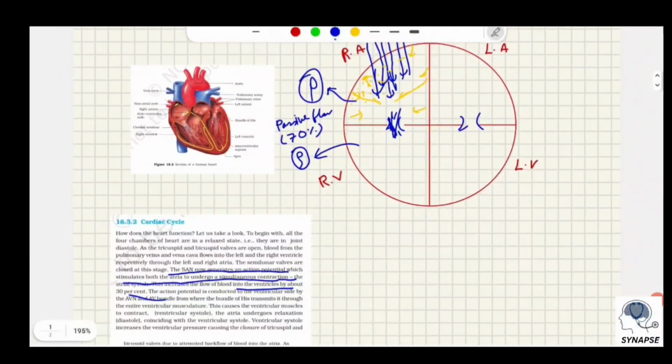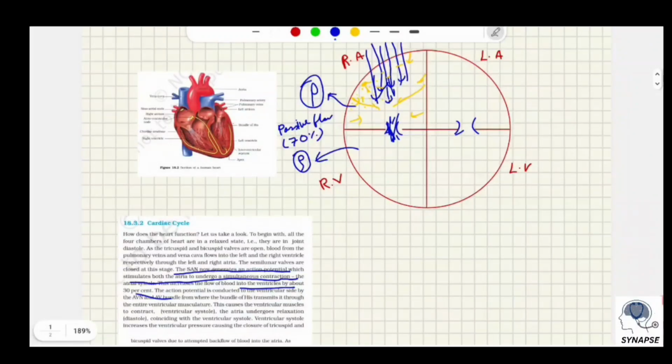Now sequentially, this impulse from the sinoatrial node will reach the AV node, and from the AV node it goes through the bundle of His and spreads all over the ventricles. Now the ventricle will contract, but before that, the blood keeps flowing and flowing.